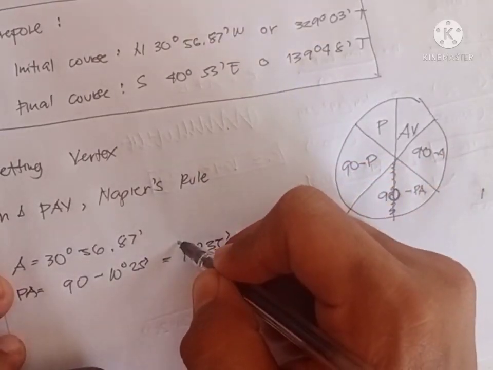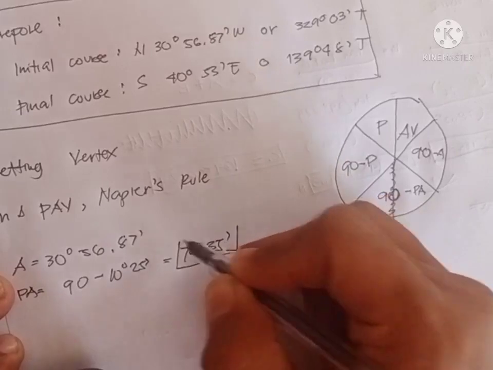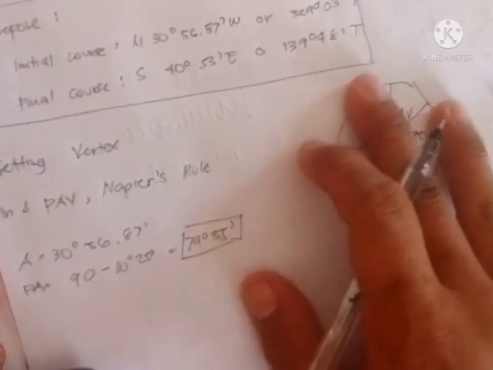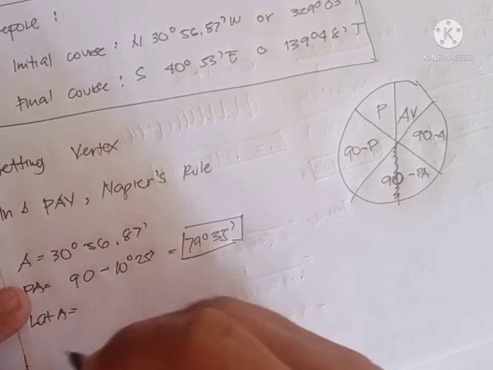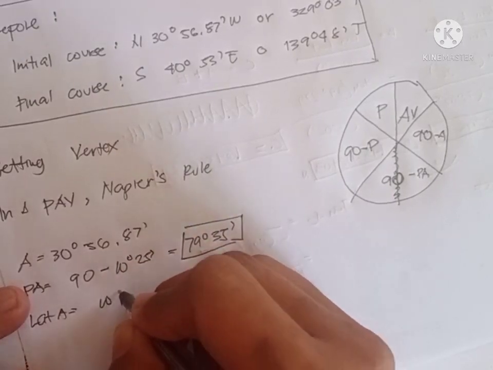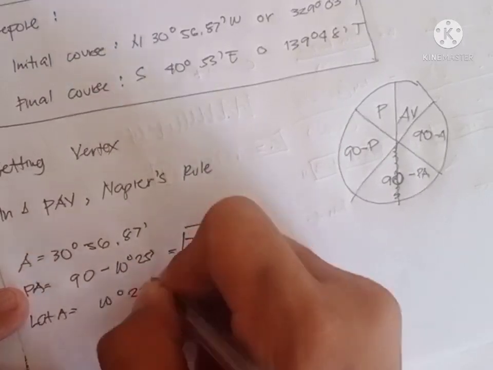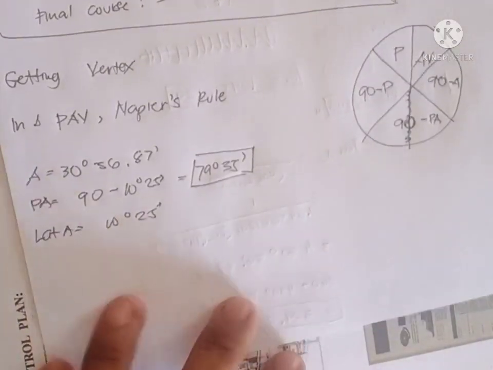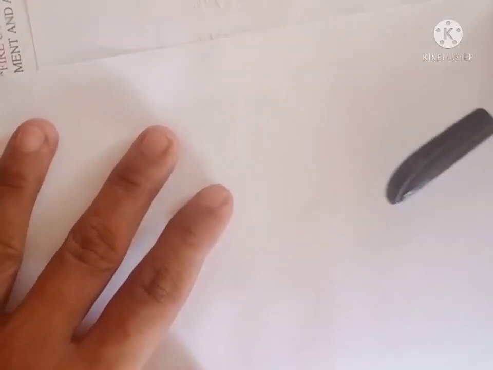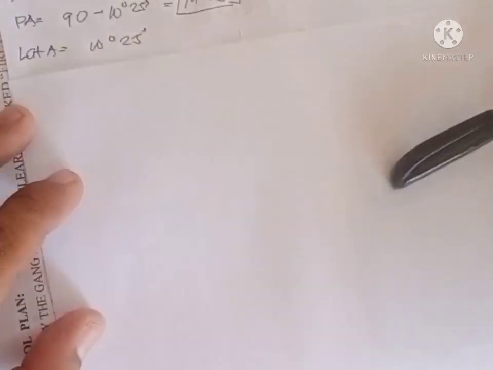So now here is our PA. So our lat A is 10 degrees 25 minutes. So sorry, because it no longer fits. So get another paper.